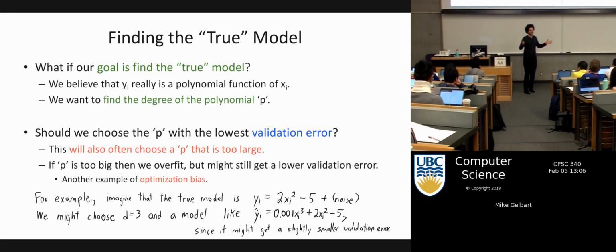So the true data came from a quadratic function of x plus a bit of noise added, and then maybe the model with the best validation error actually has degree 3, but just a very, very tiny coefficient in front of the cubic term. So that might not be that bad in terms of making predictions, and it might give the best validation error, but it still might not correspond to finding the true model.